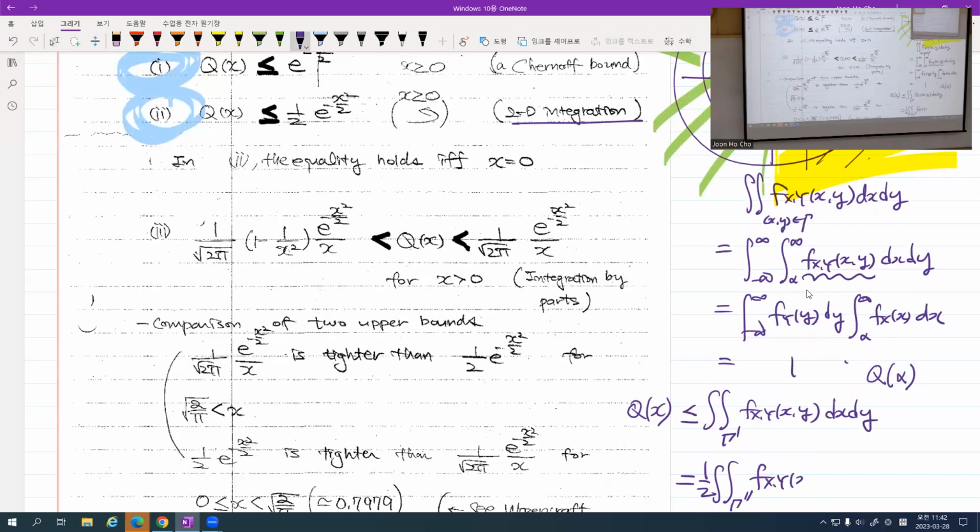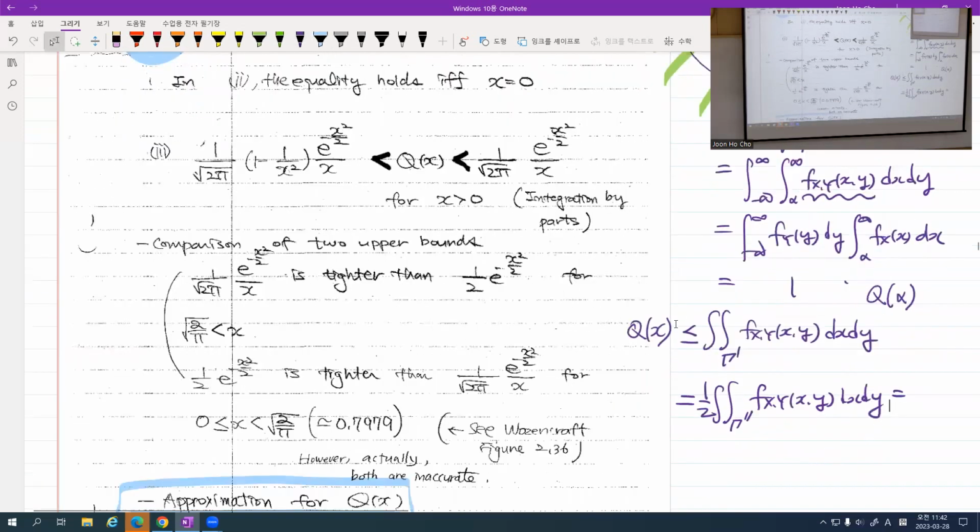You have an upper bound on the Gaussian density. And this is now very easy to compute by using the conversion to polar coordinates. And as you've seen in quiz 1, it's very easy. You can just integrate the Rayleigh distribution, or as you will see today, we integrate the exponential function and we get something like this.